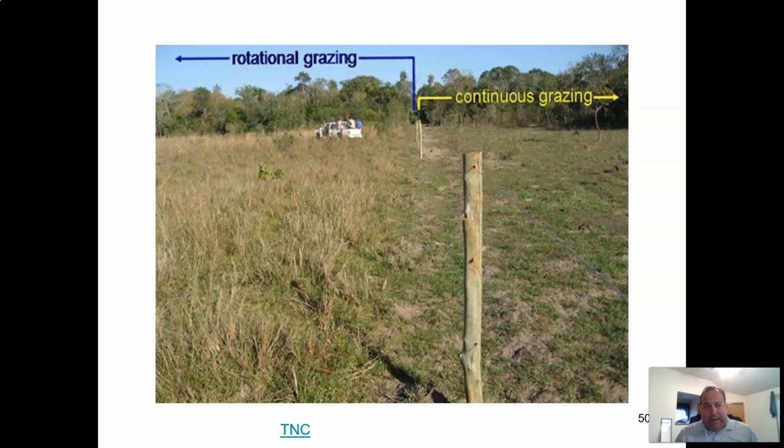So it depends on your area, your soil conditions, your climate, your topography, and how many animals you have as to what system is going to be best for your area. And I've got another video linked down here below.